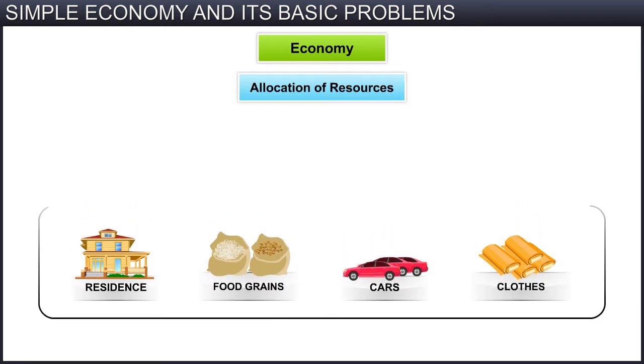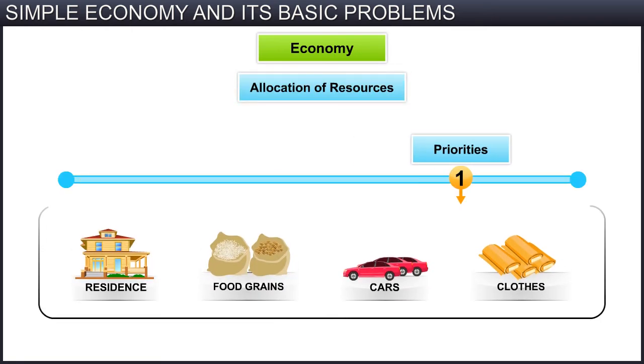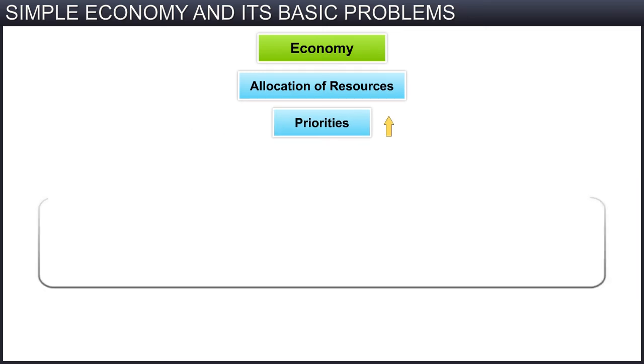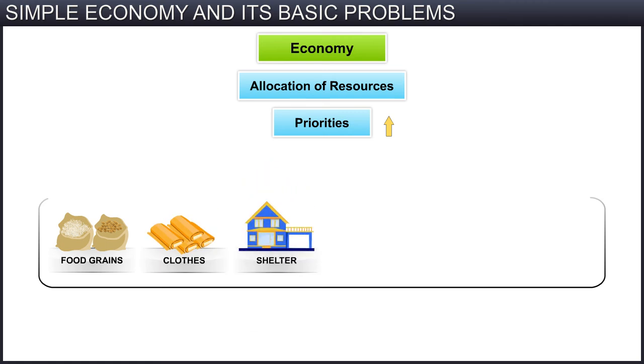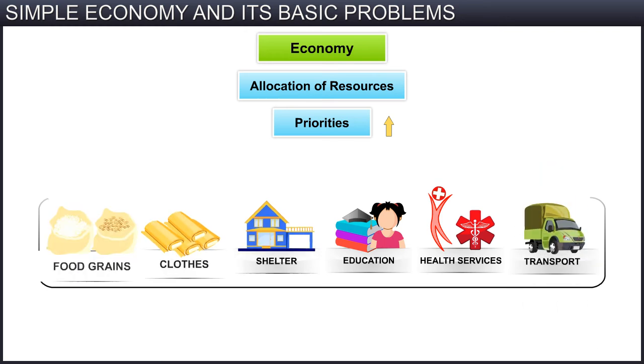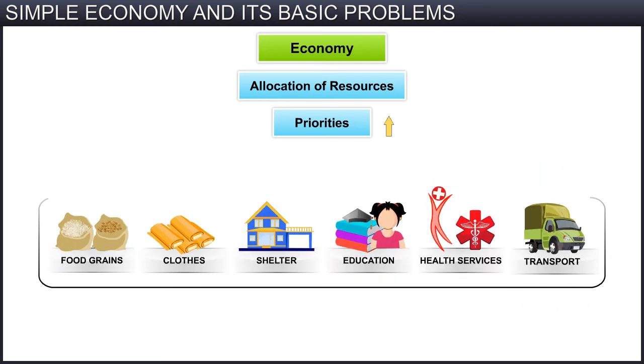Similarly, in an economy, the allocation of resources is decided by assigning priorities. For instance, higher priority is given to the production of food, clothes, shelter, and for education, health services, transport services, and other essential goods and services.